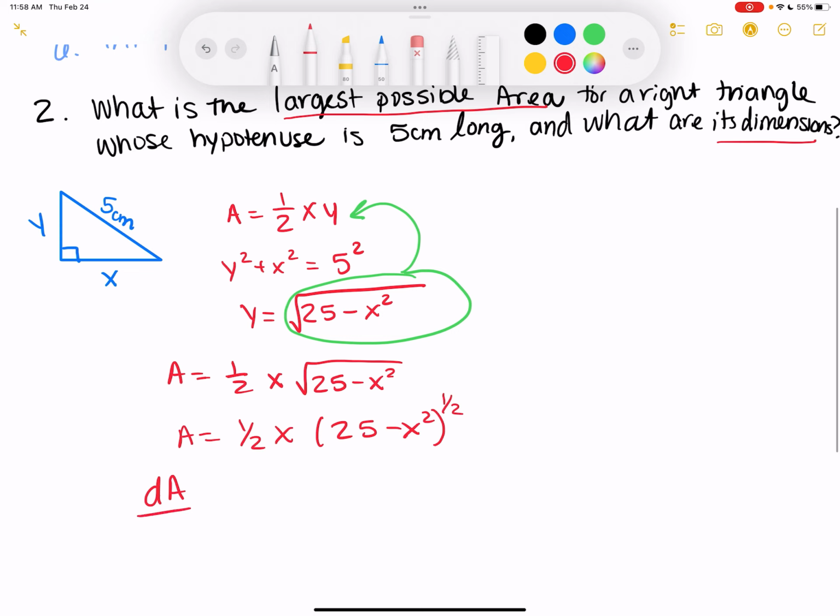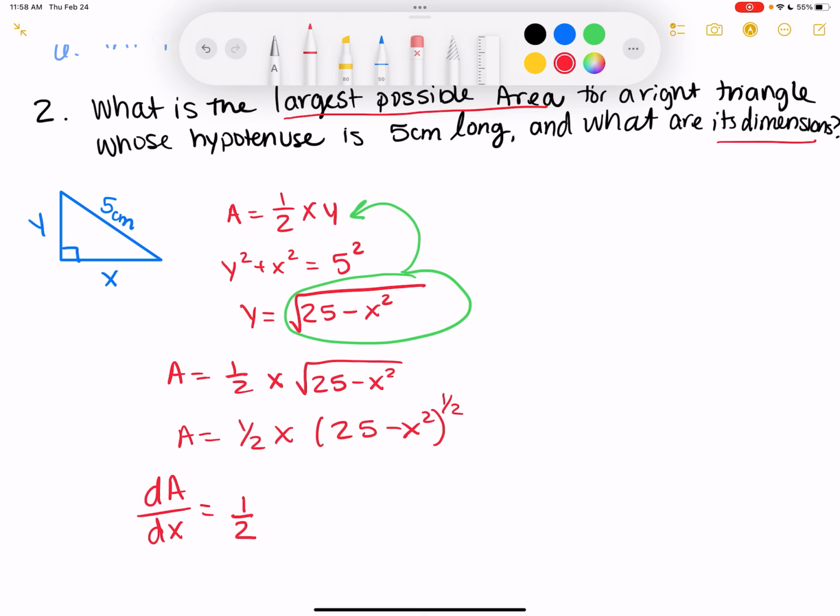So the derivative of area with respect to x is 1/2. Now, I'm going to save the easier part for last. I'm going to deal with this chain rule as part of the product rule first, okay?